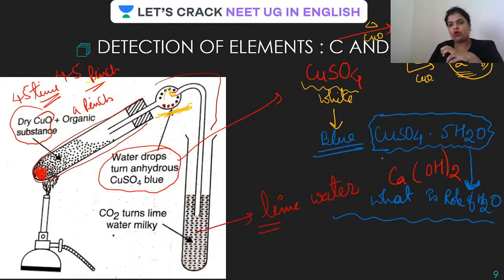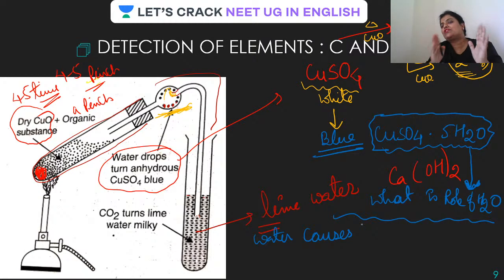We know that they form a complex, so this is actually a complex formation, guys. Questions of this type are not asked under detection of elements, but are very well asked under D and F block elements. But as they are related here, they may be asked here as well.